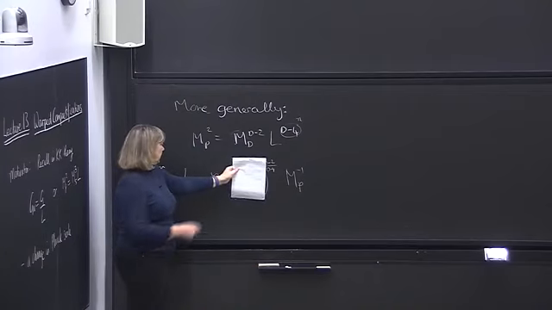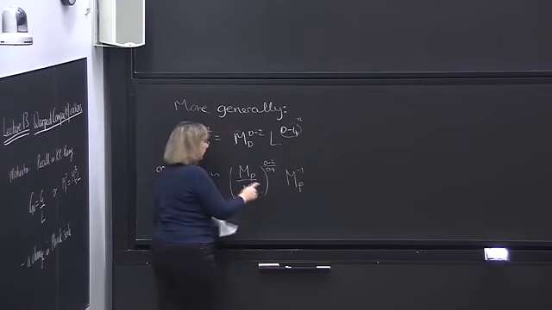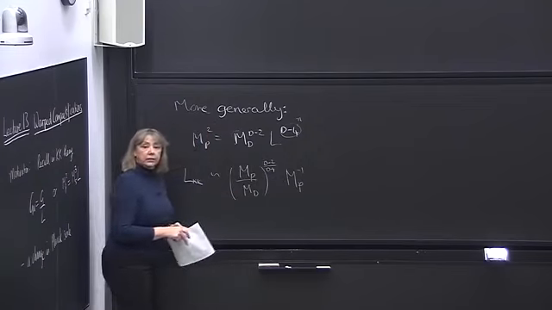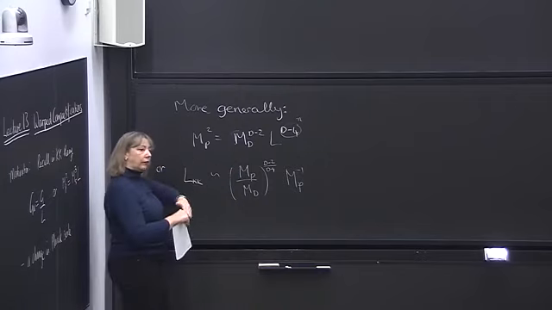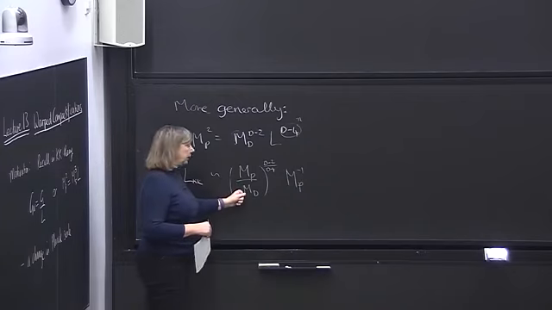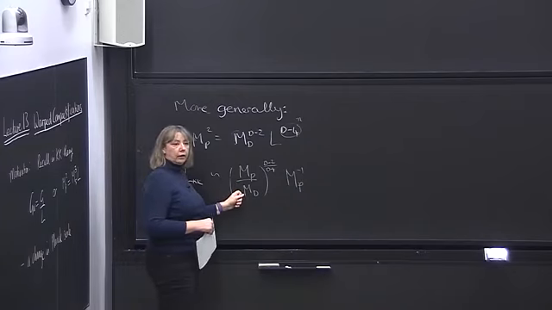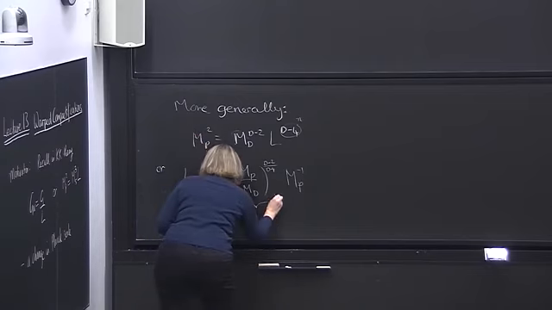In other words, the length scale would have been the inverse Planck mass, and so these two would have been essentially the same. But you see that if we want something at a larger scale, then we actually start to lower the higher dimensional Planck mass. So we can quantify that.